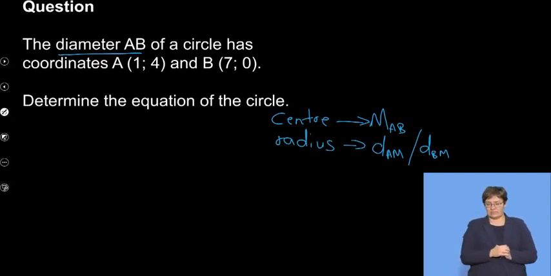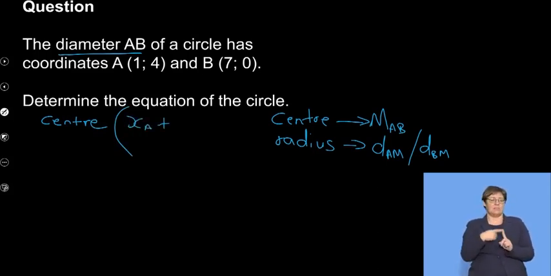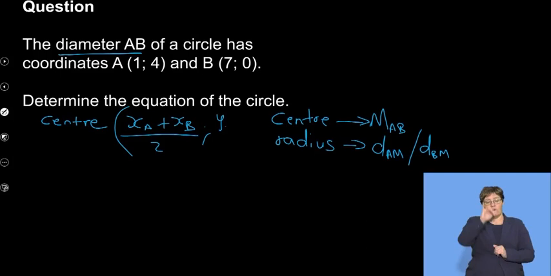So let's quickly look at the center first. So to find the center, I know this will then be x at A plus x at B divided by 2, and then y at A plus y at B divided by 2.